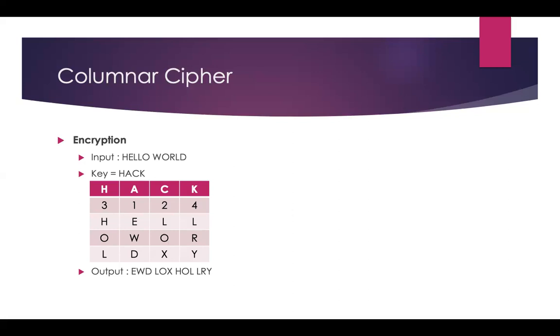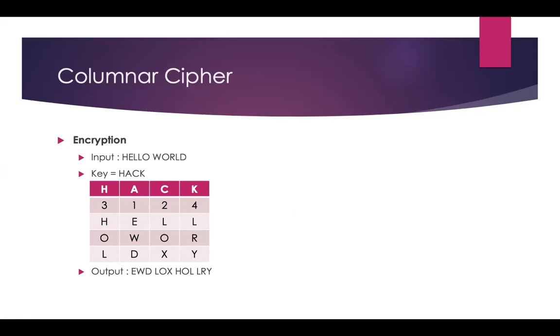In the next row, we write OWOR, and in the last row L and D. Finally, you will have 2 empty cells, so we fill those with dummy characters, X and Y. With this, all the cells in the table are filled.